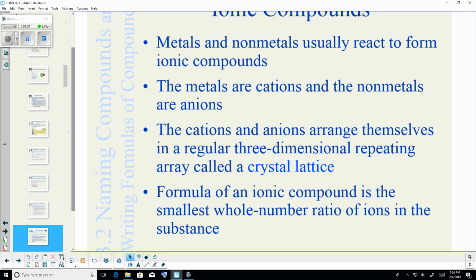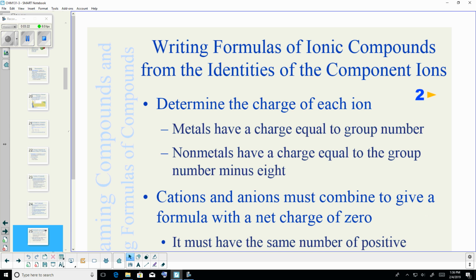So the formula of an ionic compound is the smallest whole number ratio of ions in the substance. So first thing you have to do is determine the charge of each ion. And I told you the easy way to do that. For metals, you look at the column number.